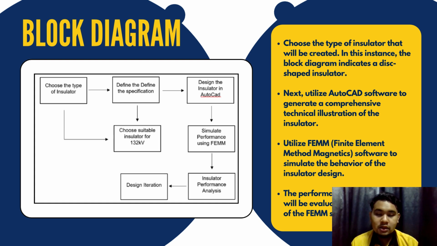So after the design we get in AutoCAD, we go to simulate performance using FEM because FEM can simulate the behavior of the insulator design. And next we go to performance analysis. And lastly, design iteration for the report of the project.